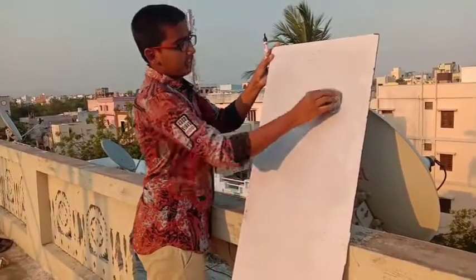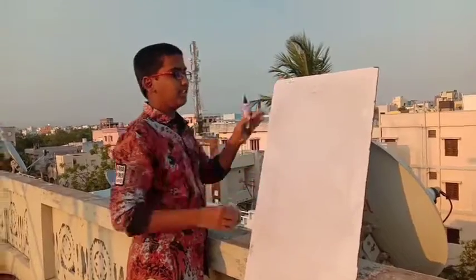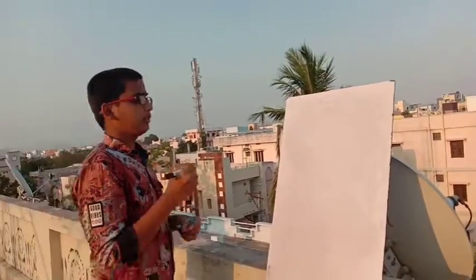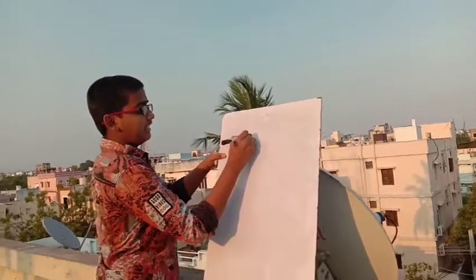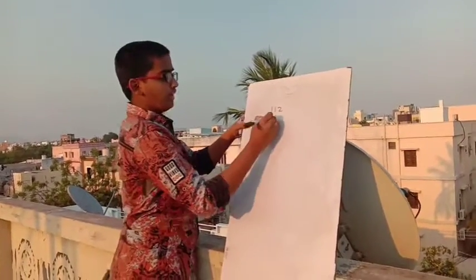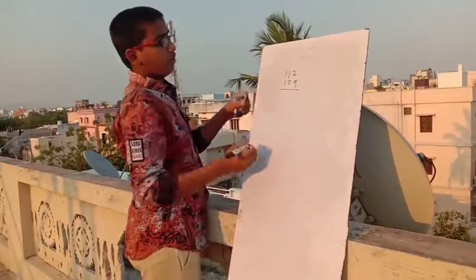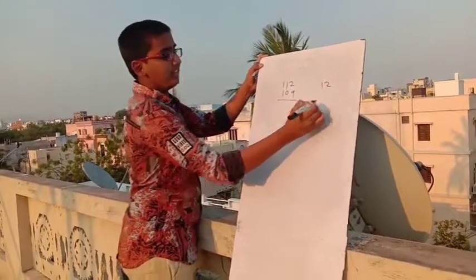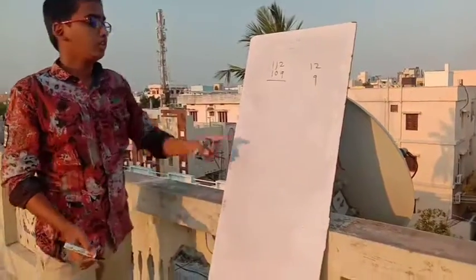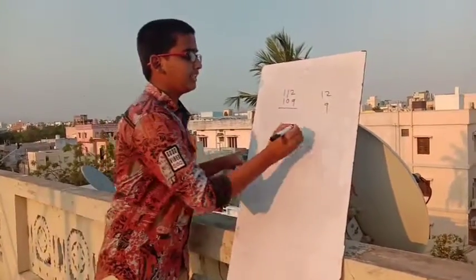This is a short trick for multiplication of numbers greater than 100. Now there is another complication. Suppose we take these three-digit numbers, 112 into 109. This is 12 more than 100 and this is 9 more than 100. When we multiply these two, the answer is 108.